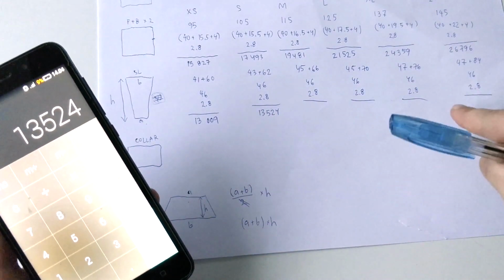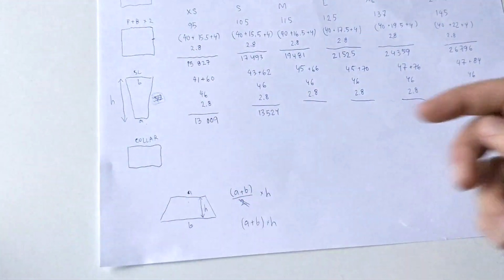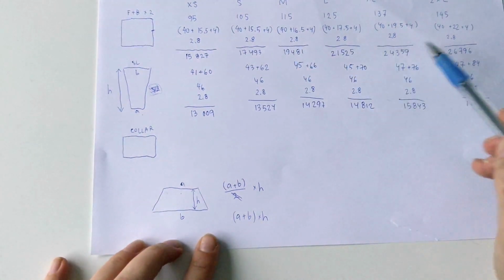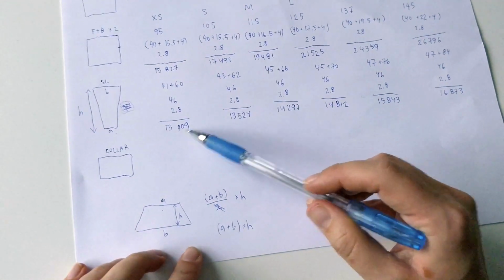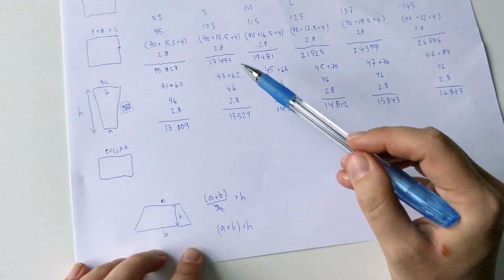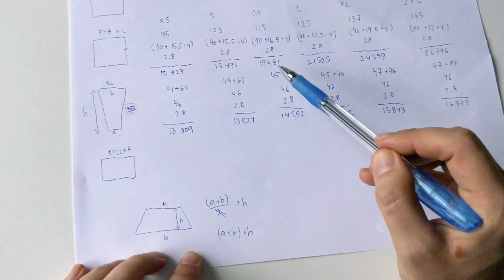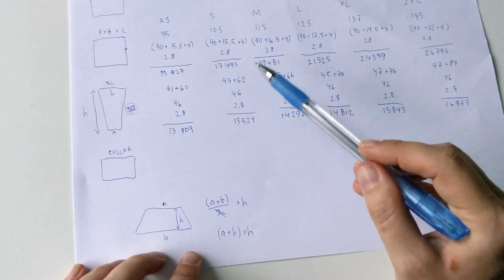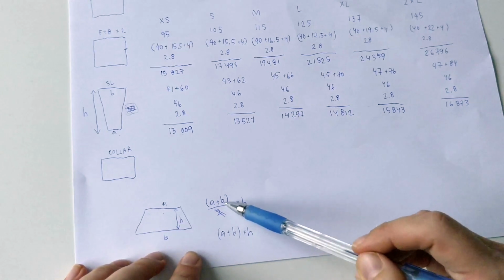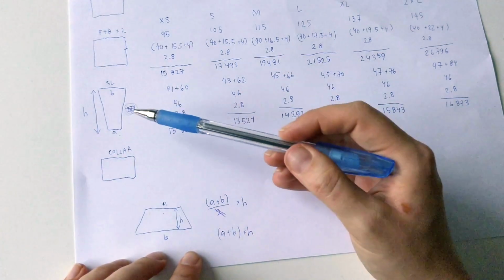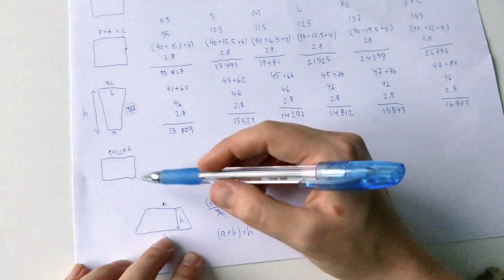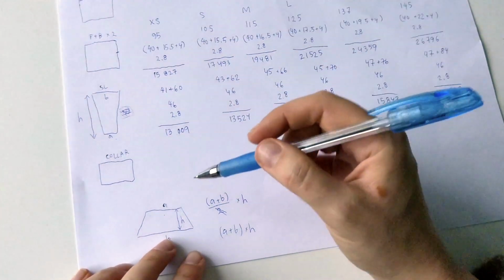And I'll just quickly calculate the rest. So here are the totals for the front and the back, and here are the totals for both sleeves. So this is the total for 2 sleeves. This is for one front and one back, and this is for both. So one sleeve is half of this number, but we eliminated the half of sleeve by eliminating this divide by 2. And then we still have the collar left.